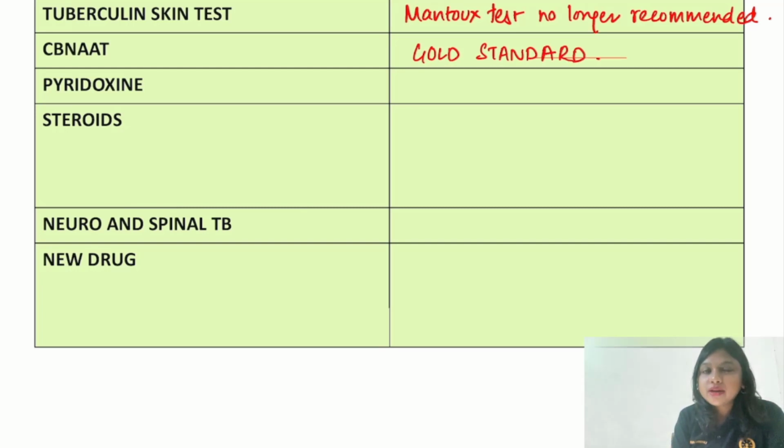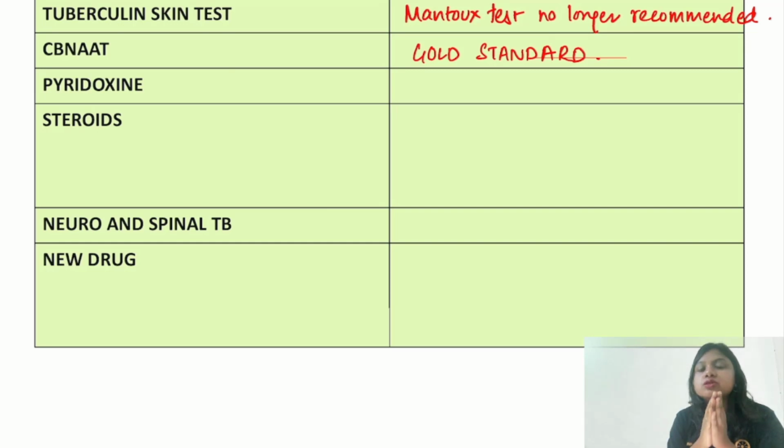Suppose you get a child with low grade fever for 2 weeks, weight loss of more than 5% or no weight gain in the last 3 months, persisting cough for more than 2 weeks, and cervical lymphadenopathy.